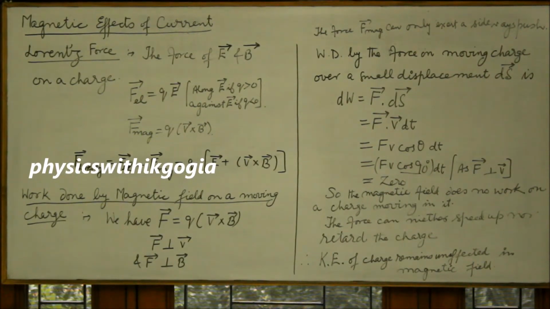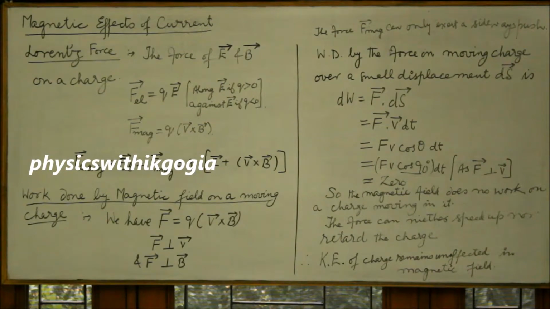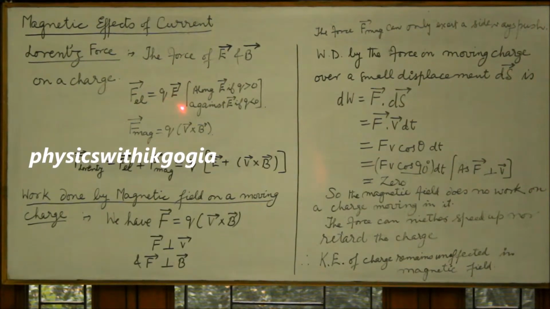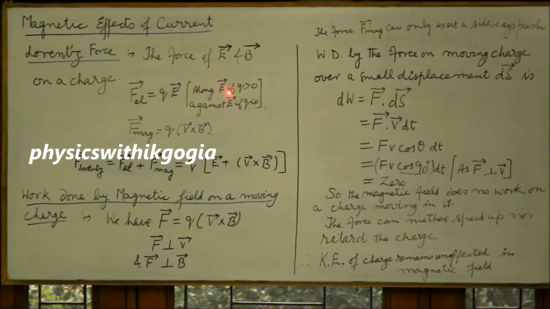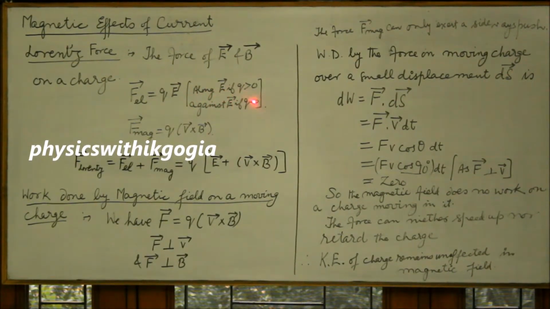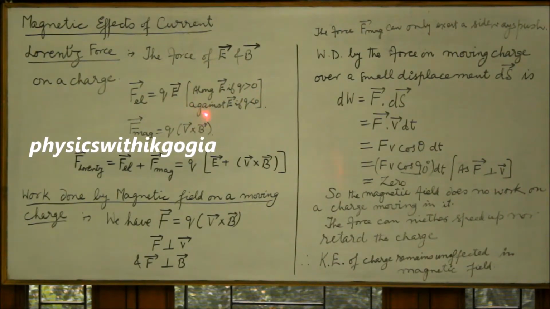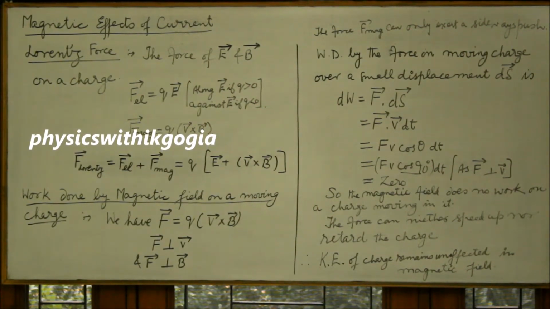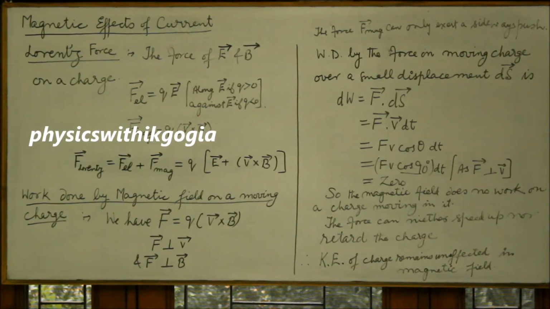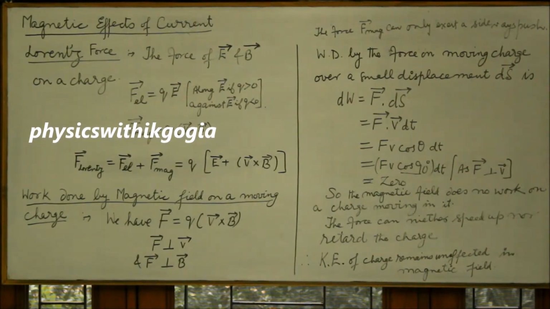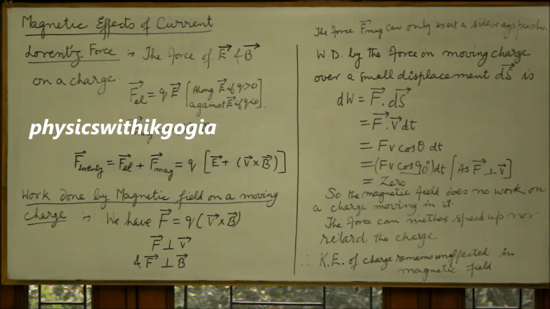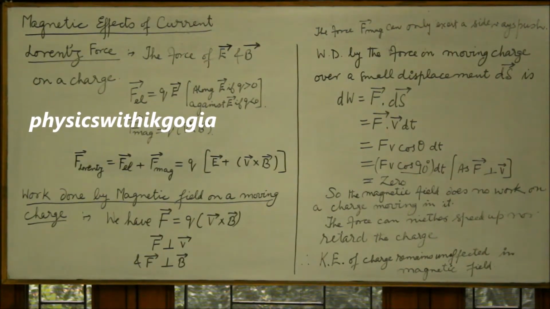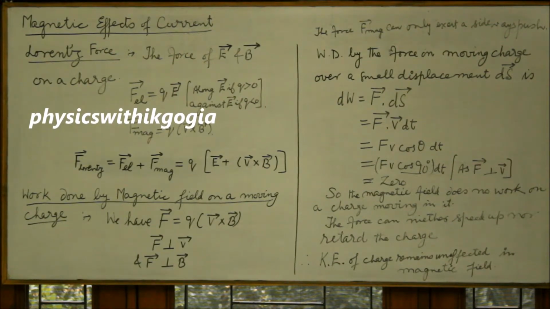So Lorentz force consists of two components, the electric field force given by Q into E. It is along the direction of the applied electric field on a positive charge and against the direction of the applied electric field on a negative charge. For example, protons will experience an electric field force in the direction of the field, whereas electrons, being negatively charged, will experience a force against the direction of the applied field.